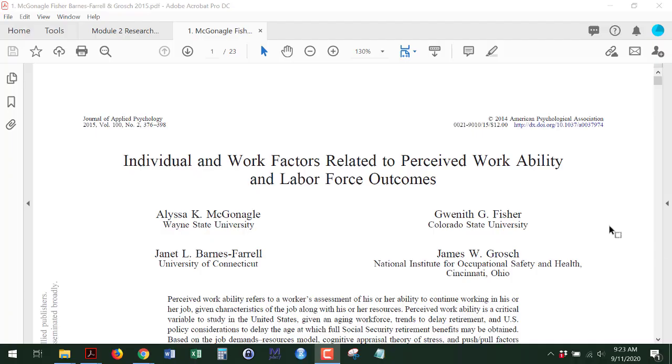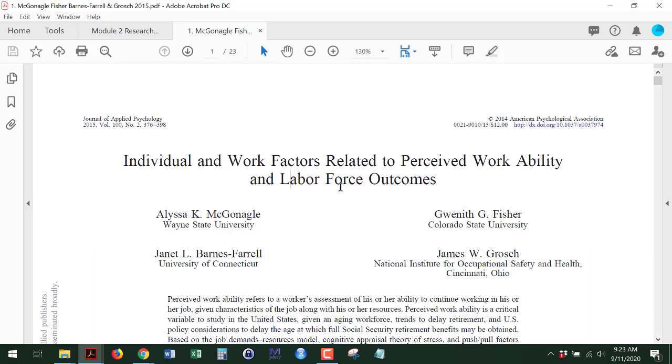Okay, so I'm pausing here to show you an example of a research article. This is an article that IO psychology researchers like myself would publish. And this is in the Journal of Applied Psychology, which I mentioned in our last lecture as being one of the best known journals in our field.